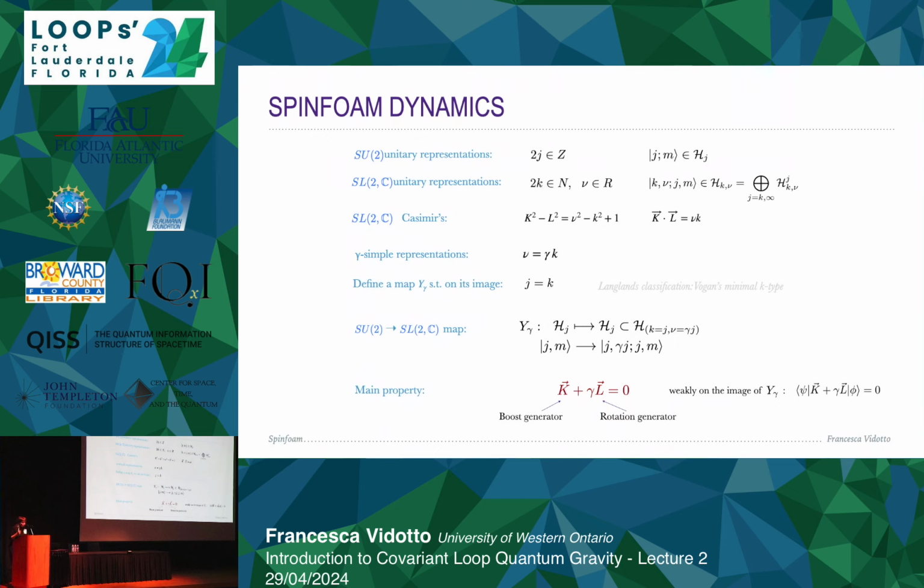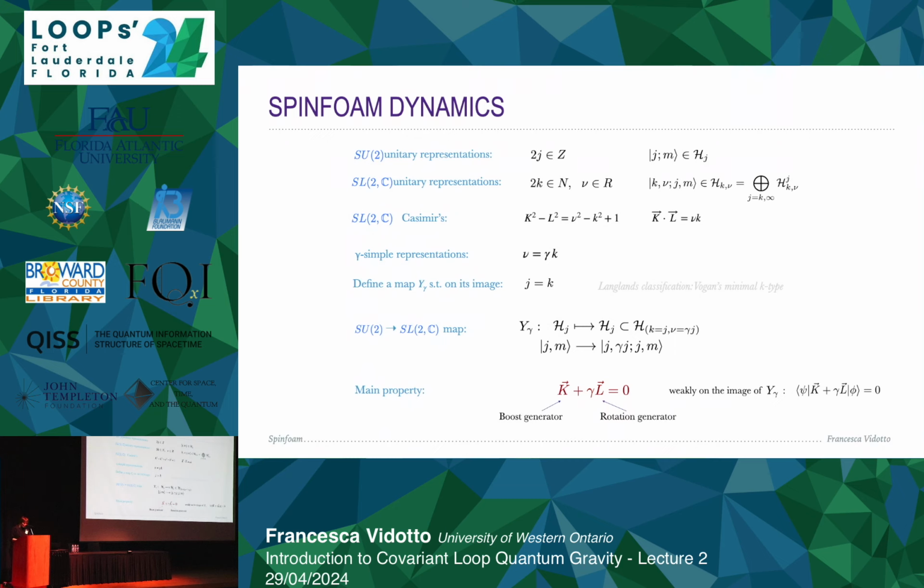In the case of SL2C representations, I have to consider now two numbers. One is called K, and is a half integer, as before the spin. And then I have another number that I call nu, and you can see this is a real number.